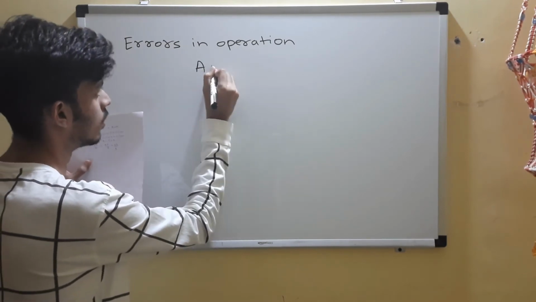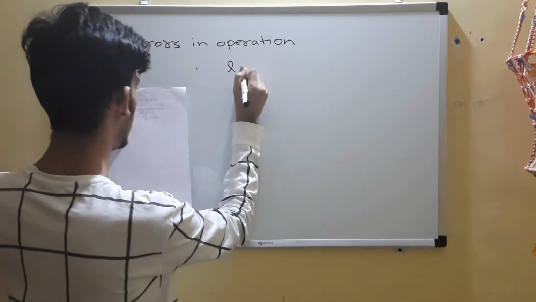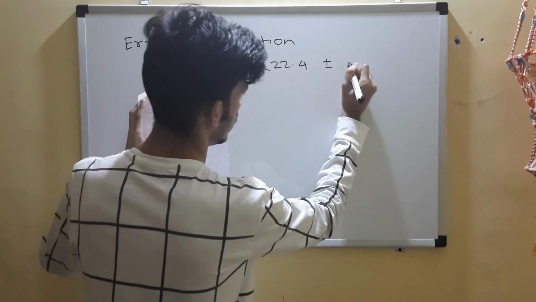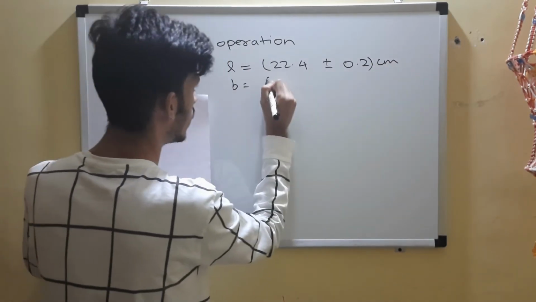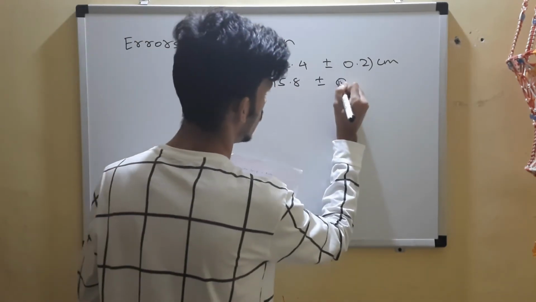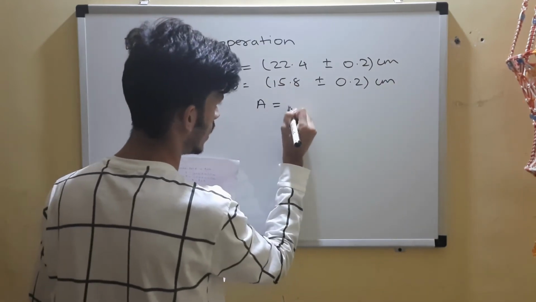They have asked for the area of a rectangle. They have provided us the length and breadth. The length is 22.4 plus minus 0.2 centimeter. Breadth is 15.8 plus minus 0.2 centimeters. And area, as we know, is length into breadth.